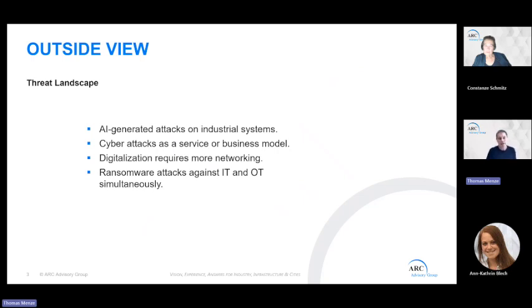On the other side, we see a clear trend regarding digitalization, especially digitalization at the edge. So we see more and more network points, more and more interfaces at the edge. Of course, these are all possible vulnerabilities. Every interface could be a vulnerability and needs to be protected.